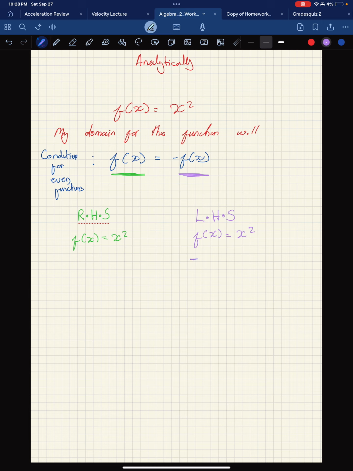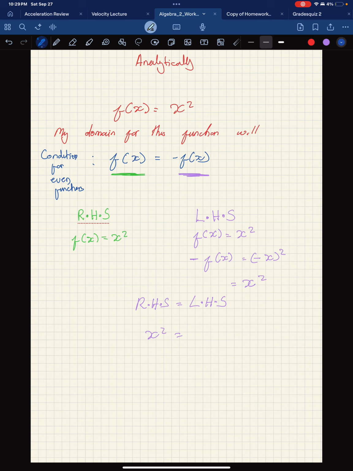So minus f of x will be equal to minus x squared. But minus x squared is just x squared. So our right-hand side equals our left-hand side. So x squared is equal to x squared.